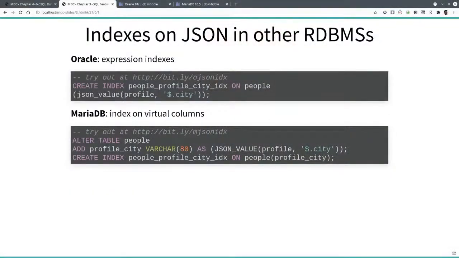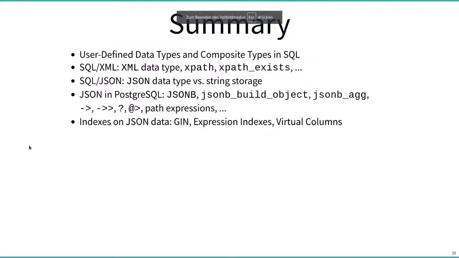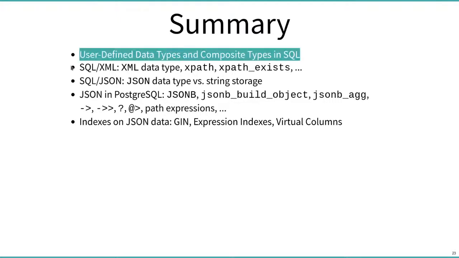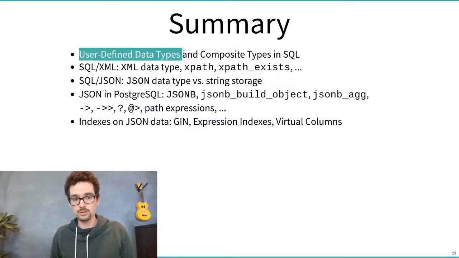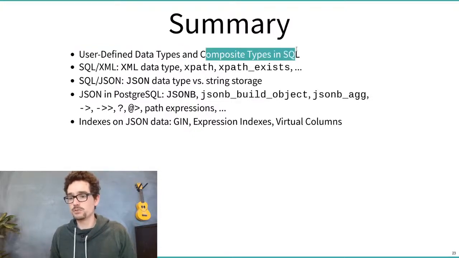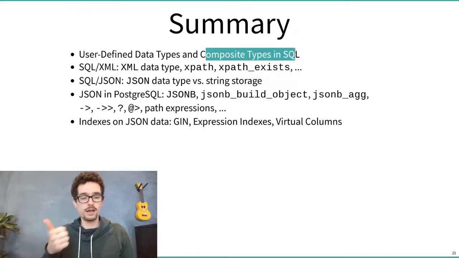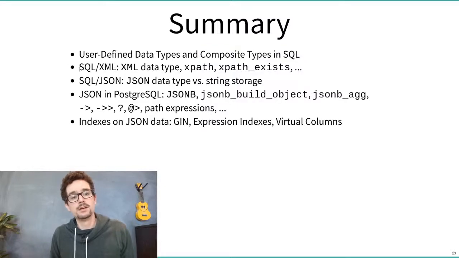So, a conclusion. Write your questions into the chat while I read out the conclusion of what we did in this chapter 3 about composite types. We started 2 weeks ago with a lecture on user-defined data types. Create type address, and then this column is of type address. And we had composite types. The SQL standard has types for arrays, for multisets, for row, and we saw how different relational database systems implemented them.